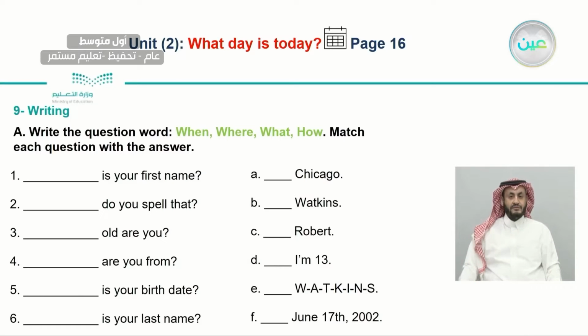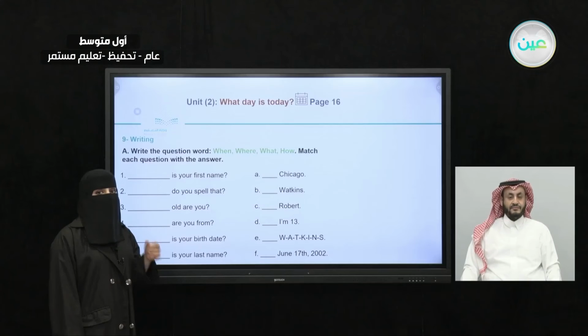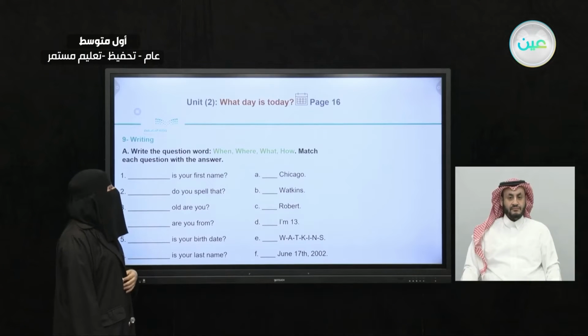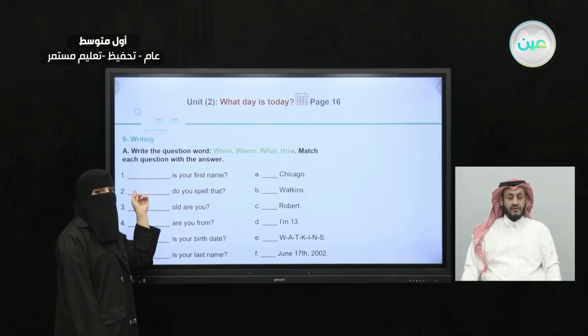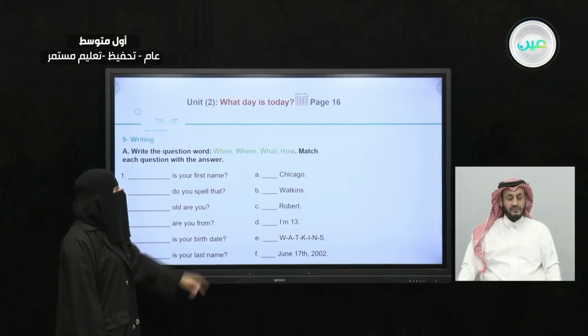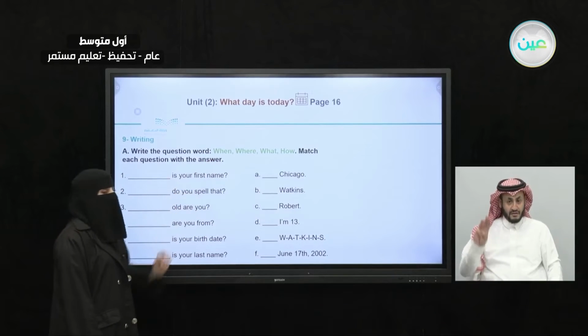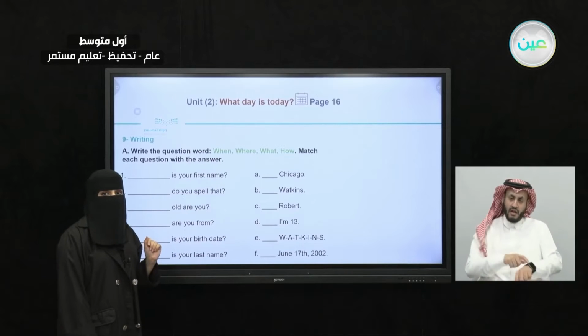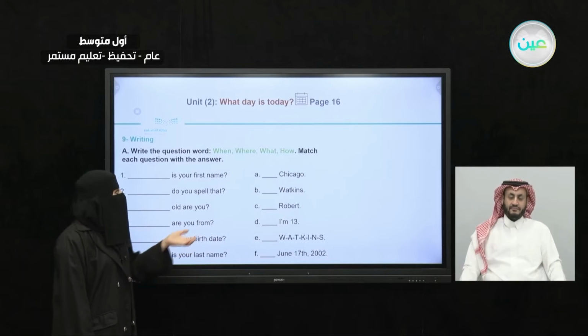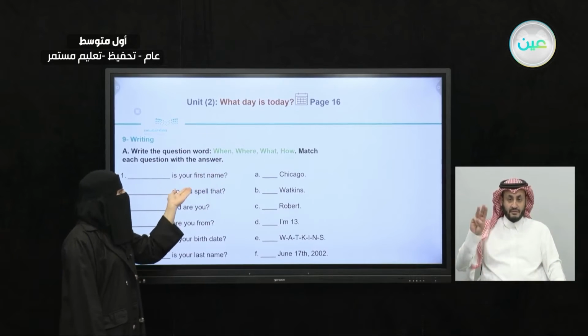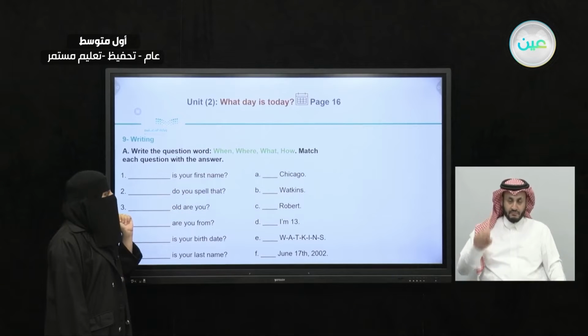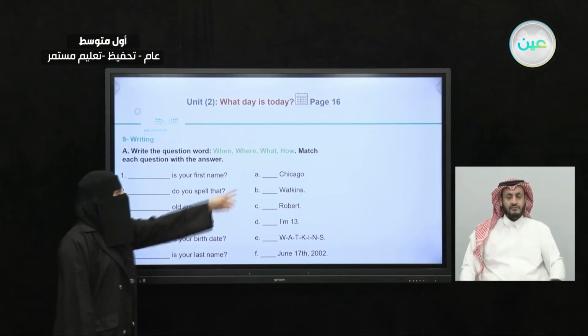Remember when we asked about personal information? What was the question word that we use before first name? Can we use when? When is your first name? Doesn't make sense, right? We're not asking about time. Can we use where? Where is your first name? Doesn't make sense. How about what?